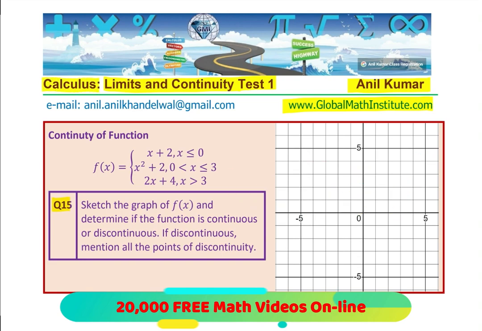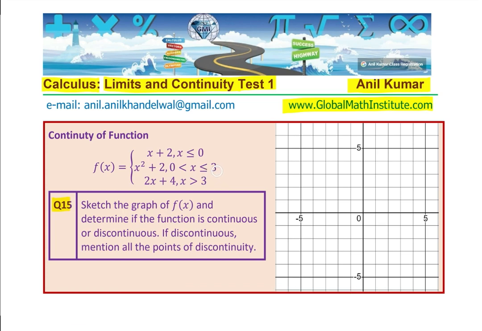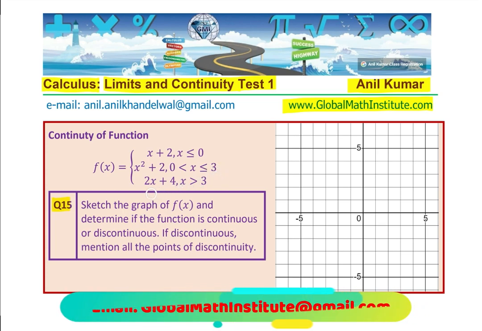The question here is: f of x is equal to x plus 2 when x is less than or equal to 0, x squared plus 2 when x is between 0 and less than or equal to 3, and it is equal to 2x plus 1 for x greater than 3.